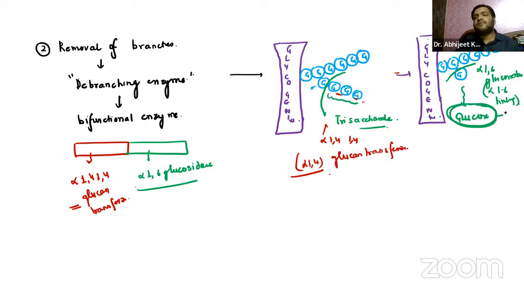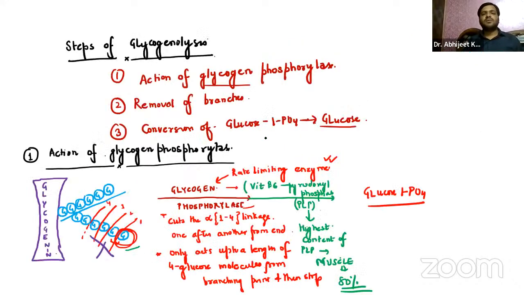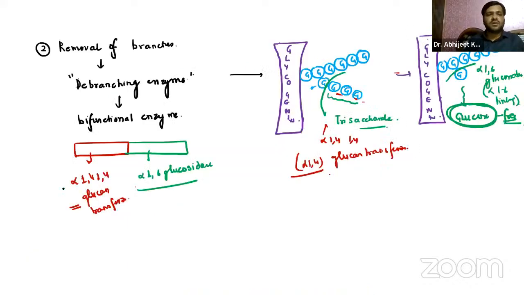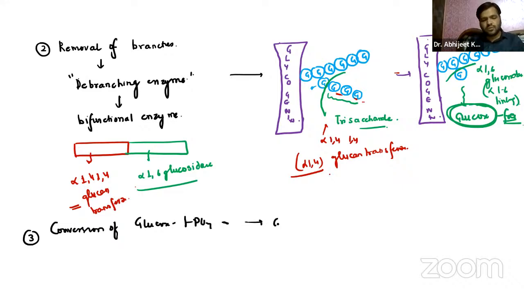And this glucose is the free glucose which will be removed, right? It is free glucose, nothing will be added to it. And the third step is glucose 1-phosphate. Now the majority of the glucose that is removed is glucose 1-phosphate. So how is the glucose 1-phosphate converted into glucose? The third step that you have to remember, guys, is the conversion of glucose 1-phosphate to glucose.